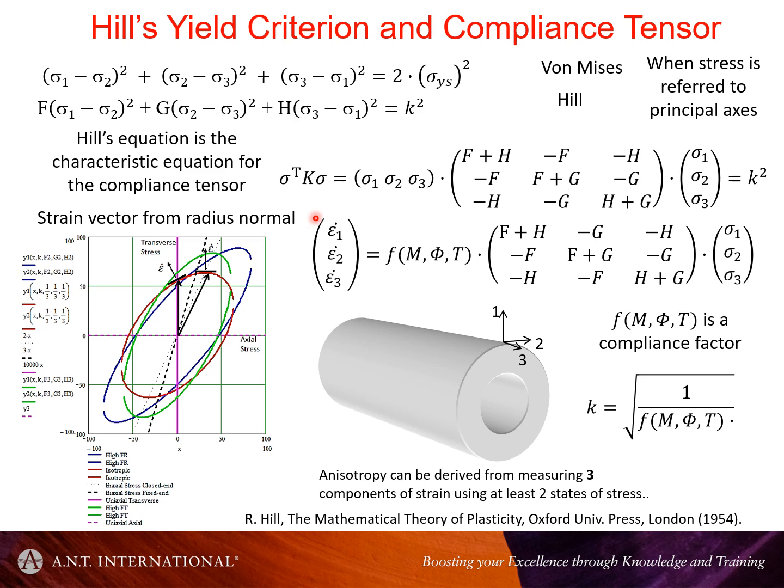So this is more involved tensor math, but it's very easy to show, but it would require a whole lecture to explain why this is so. Just take my word for it that if we're in stress space, in this case we have an axial stress and a transverse test because the radial stress is assumed to be 0. When we increase the stress till the stress locus intersects the yield surface, at that point we take the normal to the surface, and that normal is related to the components of the strain rate.